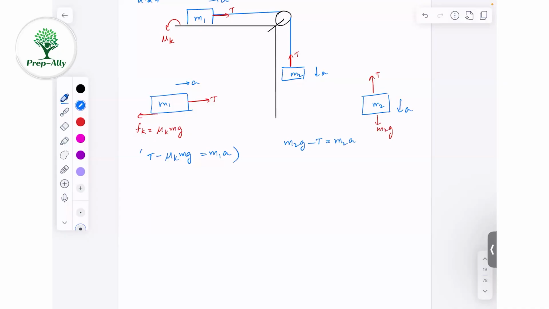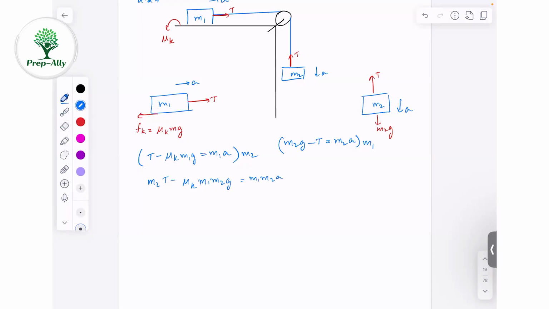Now let's multiply this whole equation with m2 and this whole equation with m1. Let's see what we'll get. m2 T minus mu k m1 m2 g equal to m1 m2 a.